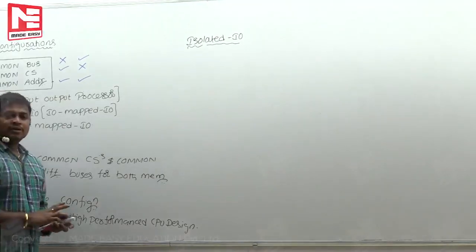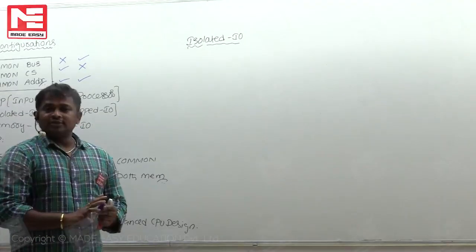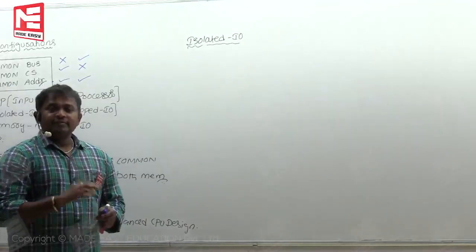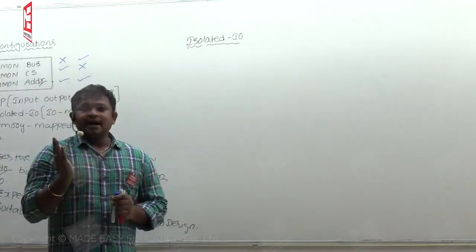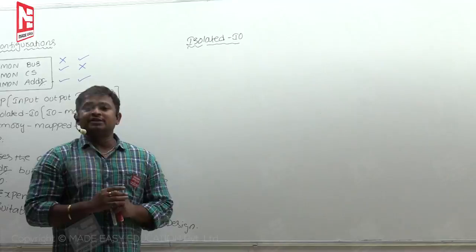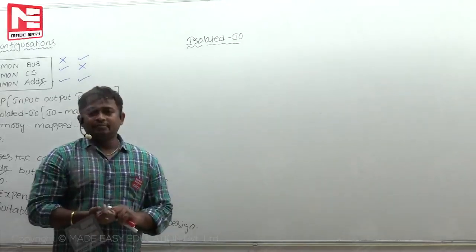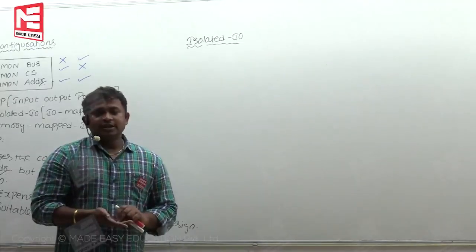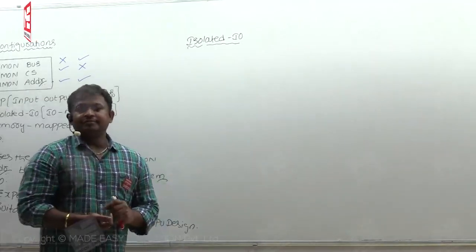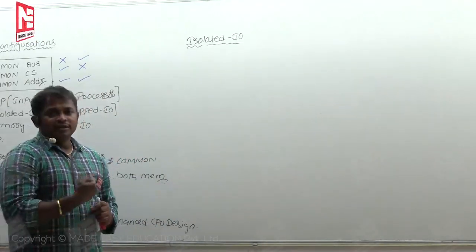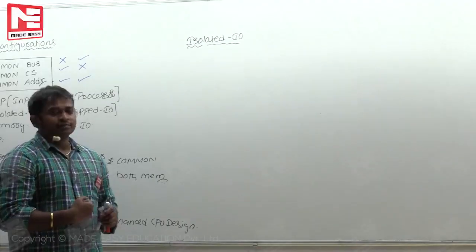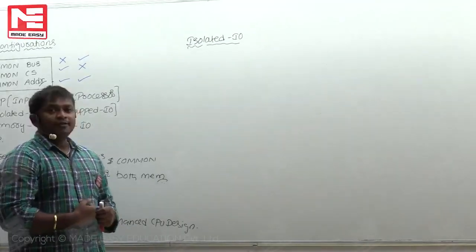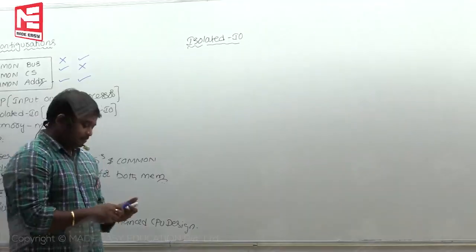The bus is the same, the address is the same, but control signals are different. When control signals are different, IO operations and memory operations are separated. Knowing the address without a control signal, no operation is initiated. That's why in the isolated IO configuration, the conflict problem is not present.